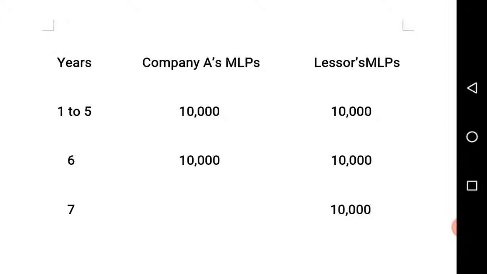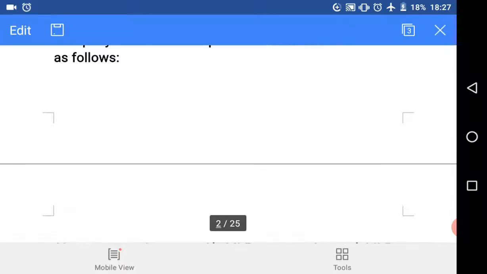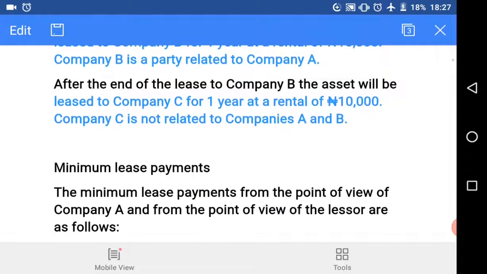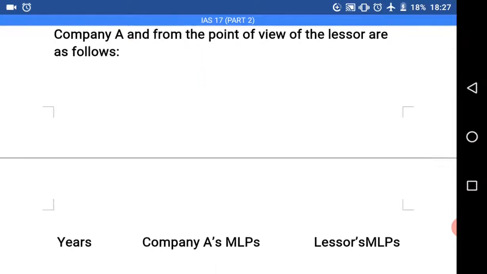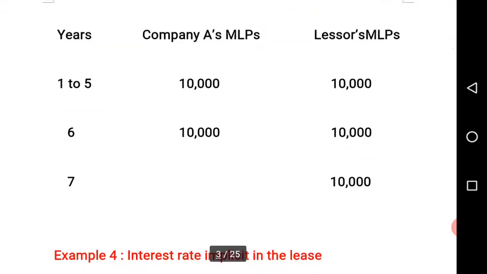While year 7, he had no payments to the lessor. Year 7, that asset was leased to Company C here, which was not related to either B or A. So the year 7's part goes directly to the lessor's minimum lease payment.